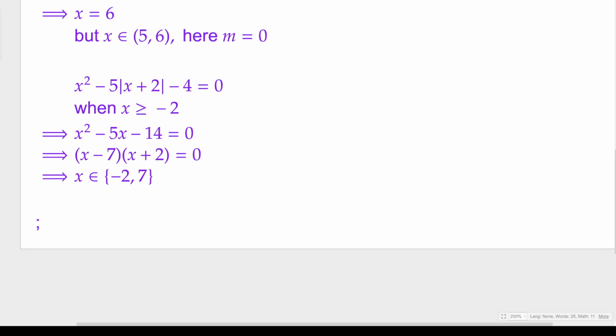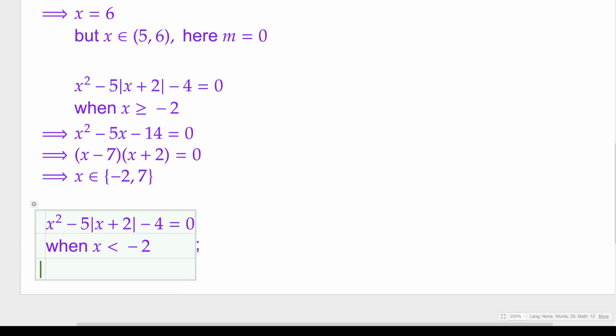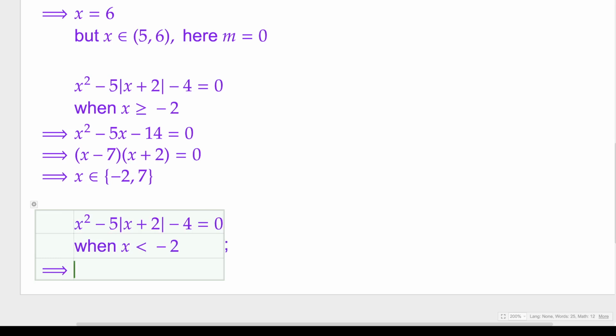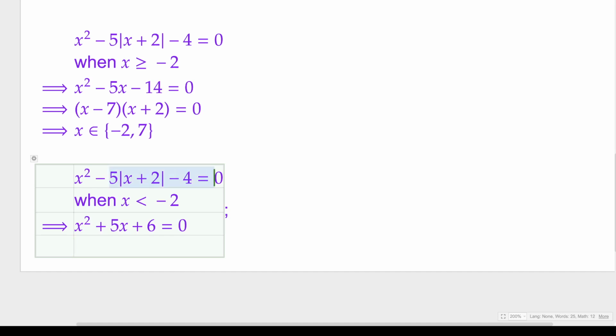Now for the next case, when x is less than negative 2, we expand the expression as x square plus 5x plus 6 equal to 0, because if I expand considering this situation, I get this quadratic equation. This factorizes into linear factors, (x plus 2)(x plus 3) equal to 0.